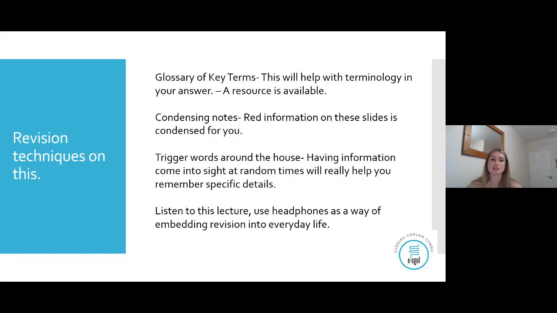So those are just some starting revision techniques that I have used before and I've used with my students, and I think that they really, really work. But what I will do, as I said at the start of this presentation, is I will go through some more revision techniques later on in these sessions, and obviously they will be uploaded onto the website.